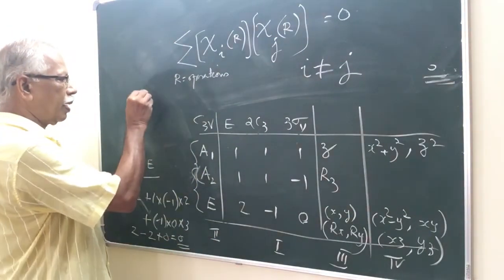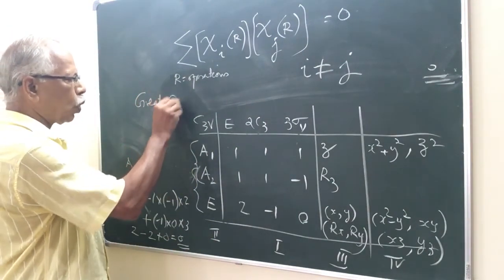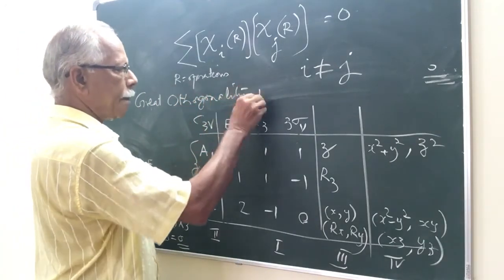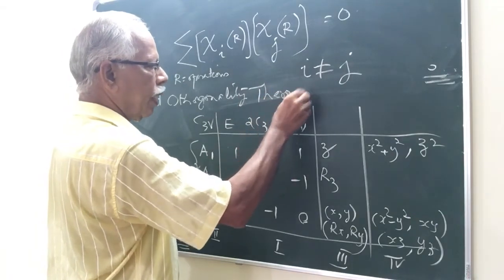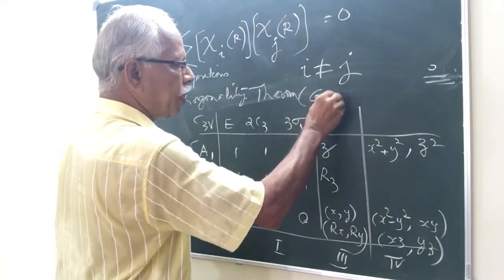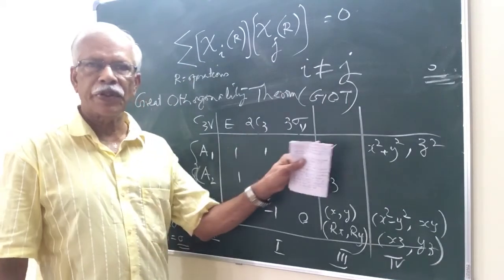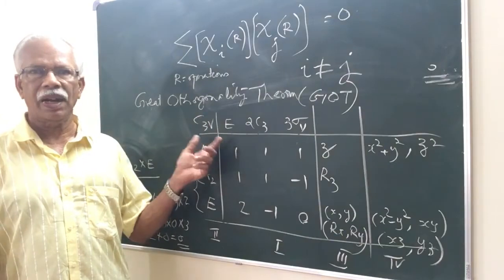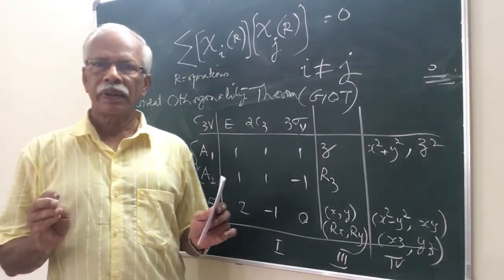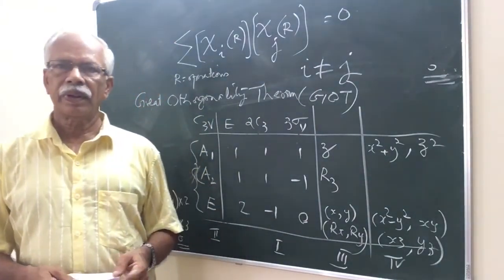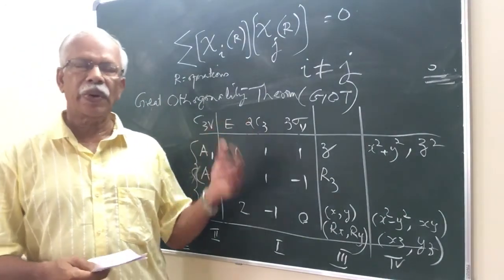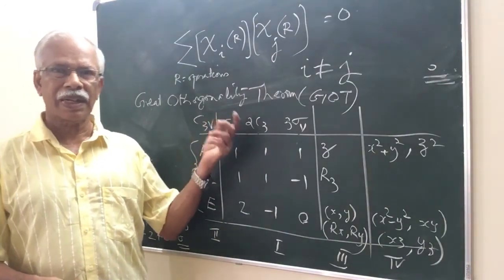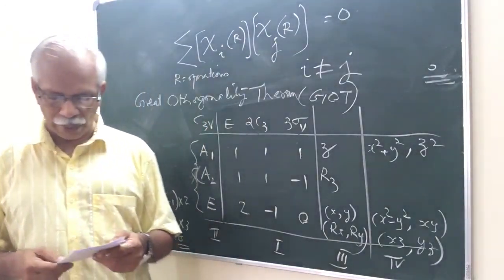It is called the great orthogonality theorem, usually abbreviated as GOT. In one of my future videos, I shall illustrate in detail about GOT, and you have to know about orthogonal vectors to completely grasp the great orthogonality theorem.